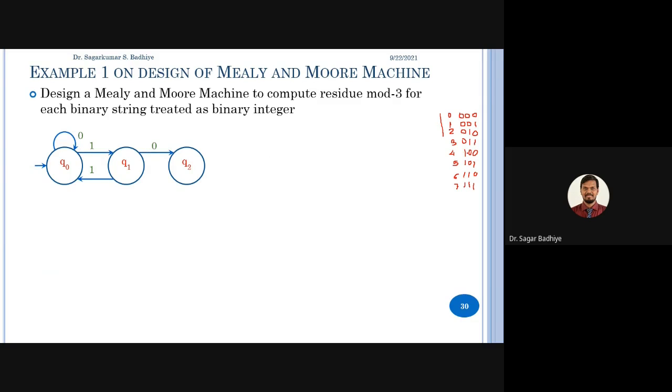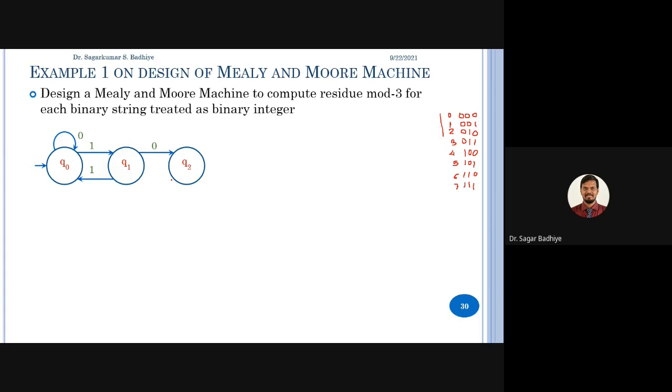So after 1 0, if I get the third 0, it would represent the number 4. So whenever 4 is divided by 3, the remainder is 1, right?